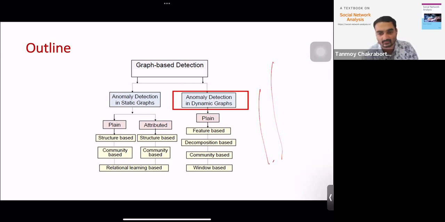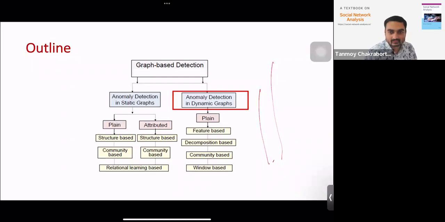I strongly suggest you read the survey paper to understand the state of the art, at least till 2018, 2019, and you'll get a fair amount of ideas about the methods. I have tried to give you a brief of what people generally consider, and two important methods that are often considered as baselines.